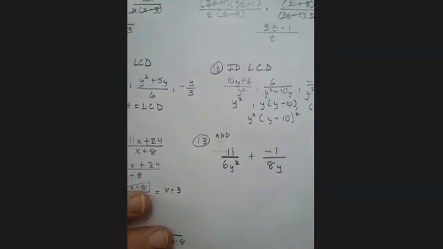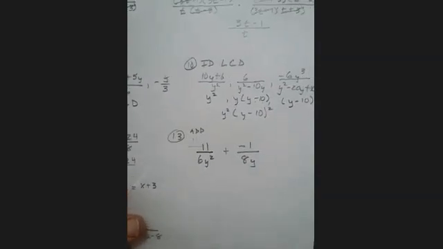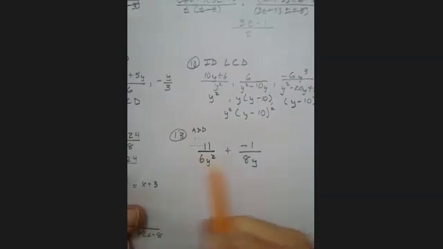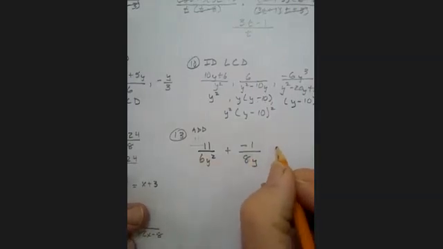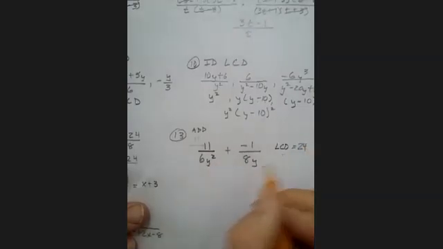And this one doesn't have a common denominator, so we've got to get one. I need a number that 6 and 8 are both going to go into. So that's going to be 24. We're looking for my LCD, so we're looking for 24. This has y squared, that has y, so we're going to use y squared.